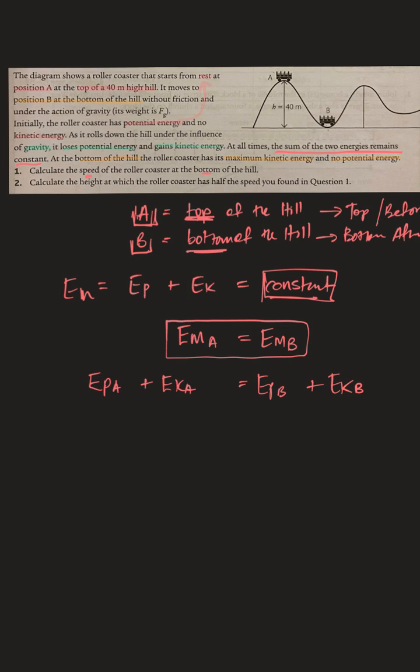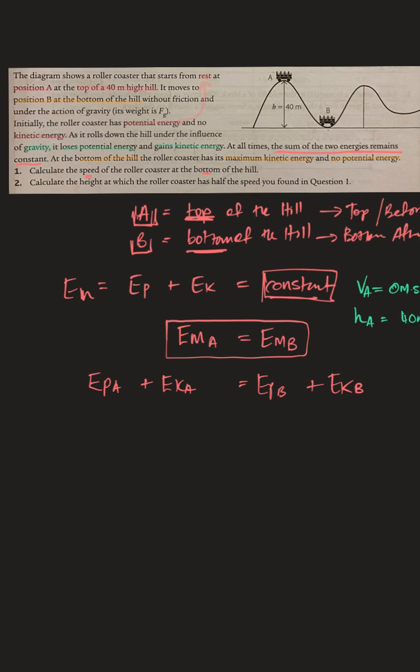Before I start expanding things, what information do I know? They're telling me that the roller coaster starts at rest, so the V of A is equal to 0 meters per second. And the H of A is equal to 40 meters.